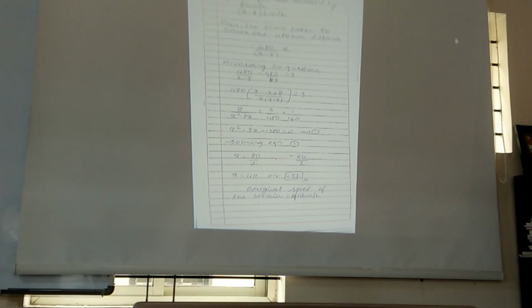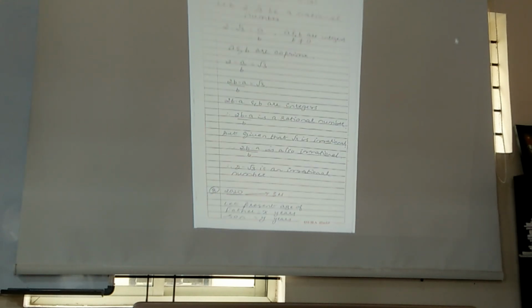This is given in the question. It would take 3 hours more for the same distance. When you solve for x, you will get either 40 or minus 32. What is x? X is speed. Speed can't be negative, so you will only consider the positive part.